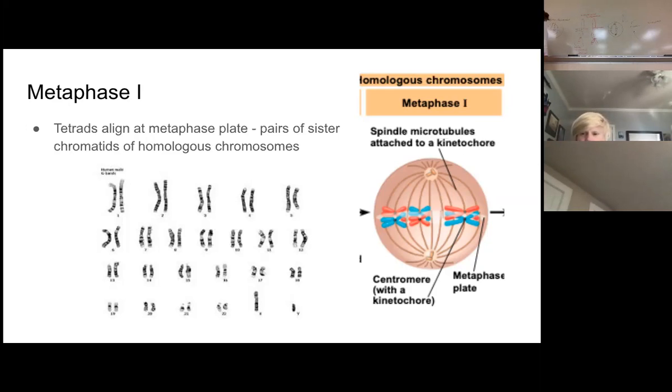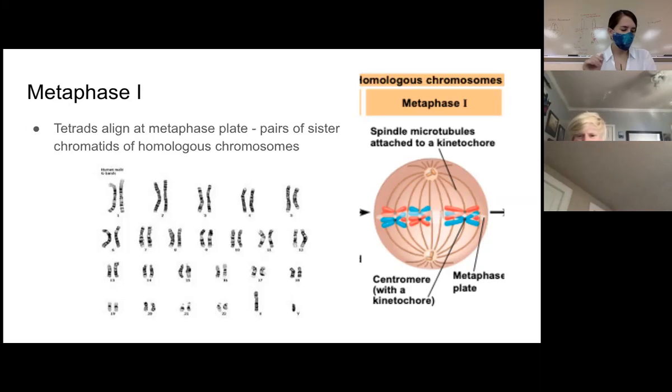These are still homologous chromosomes. We're lining them up against their pair of sister chromatids in that tetrad. So it's 2 copies of this homologous chromosome, 2 copies of this homologous chromosome. Now they're separated. Okay, so we lined them up in the middle.